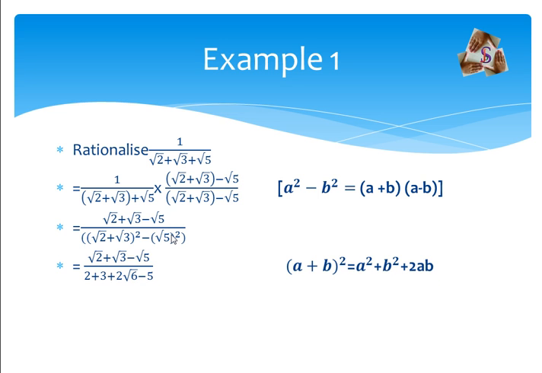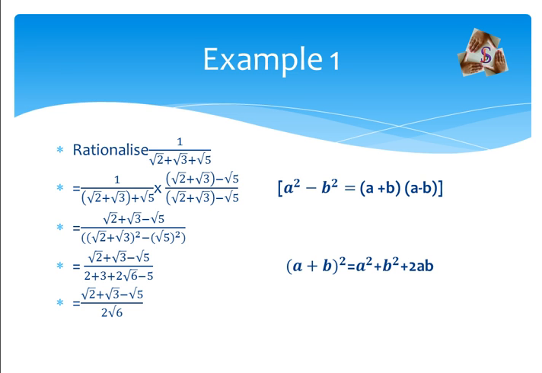I simplify my denominator by applying the identity a plus b whole square as a square plus b square plus 2ab. So root 2 plus root 3 whole square is 2 plus 3 plus 2 root 6, minus 5. That is root 2 plus root 3 minus root 5 by 2 root 6.